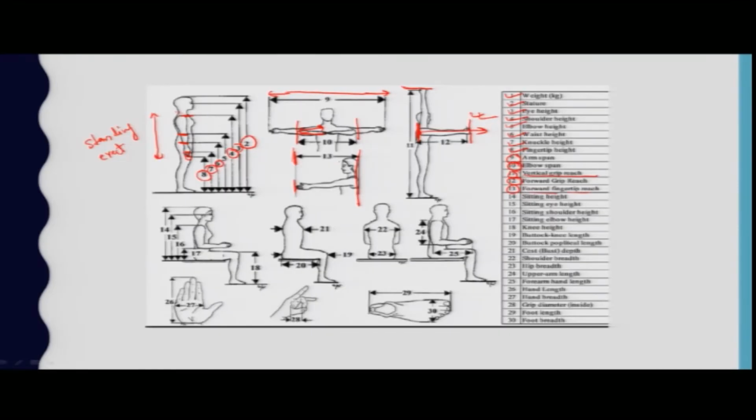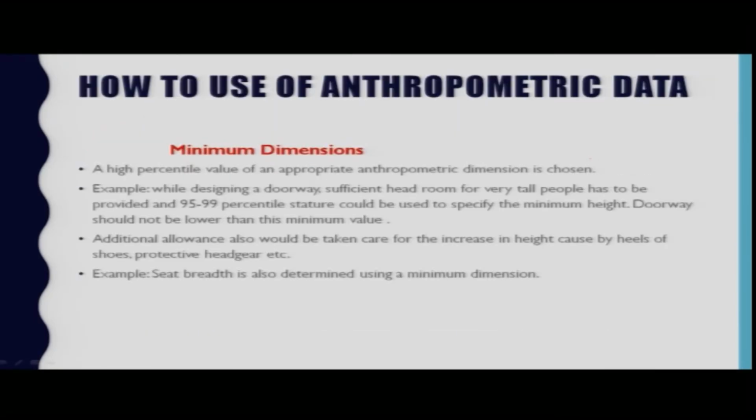From the extreme point to the initiation of your hand. We have discussed weight, stature, eye height, shoulder height, elbow height, waist height, knuckle height, fingertip height, arm span, elbow span, vertical grip reach. So we will describe the vertical grip reach. In fact, this 11th point is the vertical grip reach.